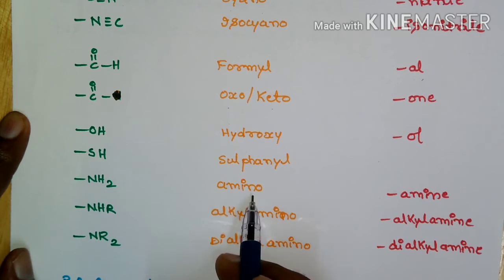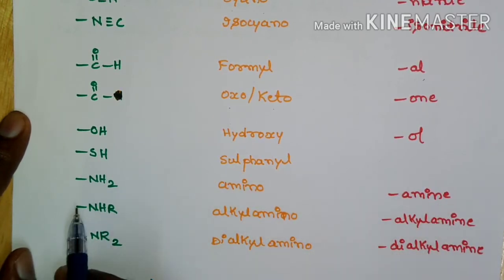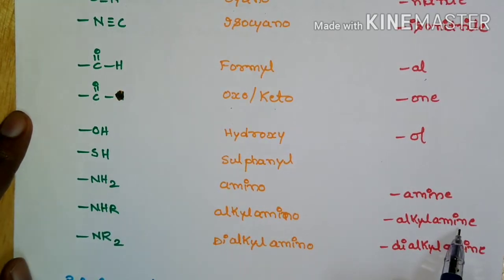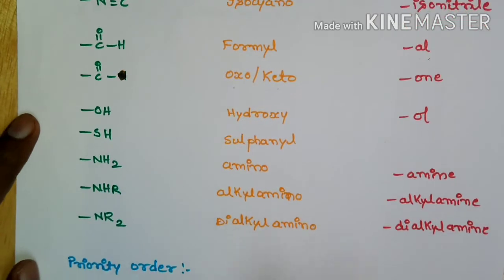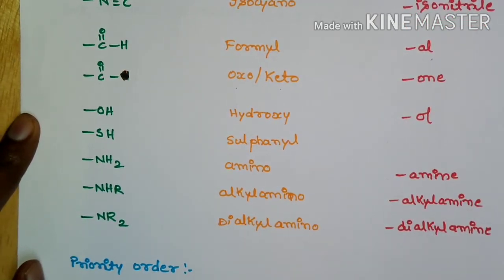NH2 is amino, with the suffix amine. NHR is alkylamino, with the suffix alkylamine. And NR2 is dialkylamino, or dialkylamine.